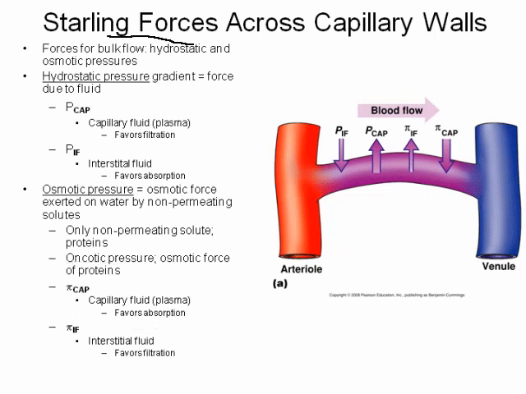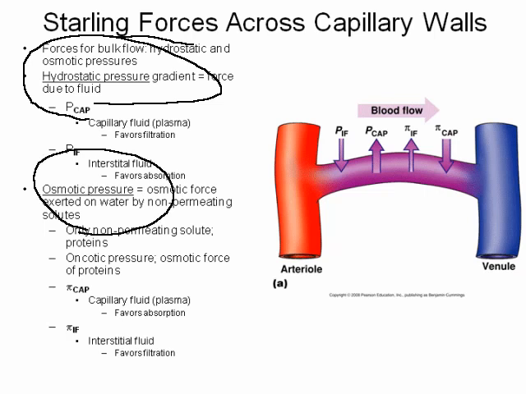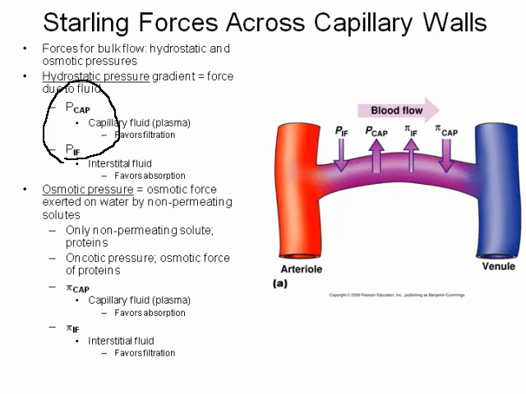So these Starling forces, there are two basic forces, but there are two compartments, plasma and interstitial fluid. So you end up with a total of 4 different components that you have to be concerned with. Capillary hydrostatic pressure and the interstitial fluid osmotic pressure both favor movement of material out of the plasma, which of course would be filtration because we're filtering material out of the plasma.